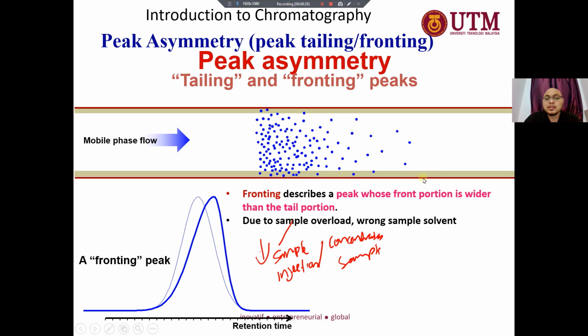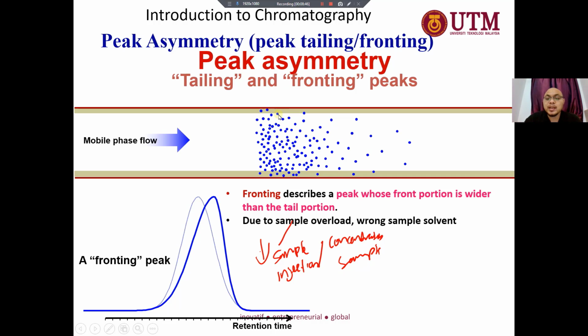In my practice, if I have a fronting peak, the first thing I do is try to reduce the concentration, or I reduce the sample injection.